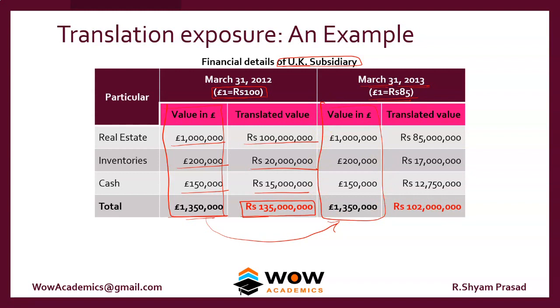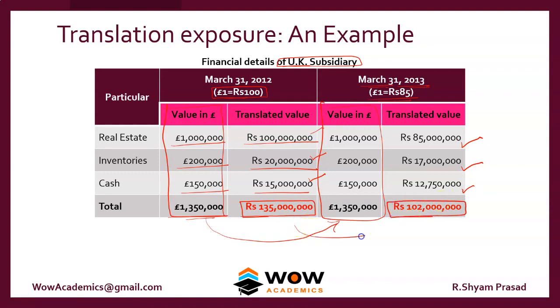But look at the translated value. The translated value now changes. The value here which was 10 crore has become 8.5 crore. The value here it was 2 crore, it has become 1.7 crore. The value here it was 1.5 crore, that has become 1.275 crore. So put together, the value of the company has fallen down.